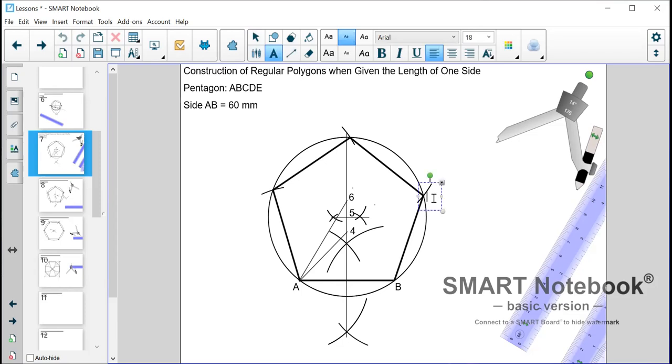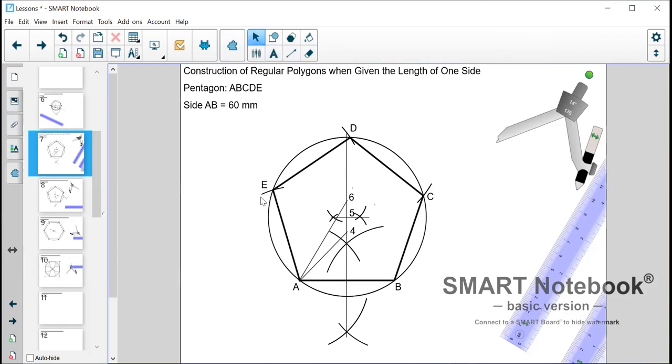So A, B, C, D, and the last one, E. So there we have our pentagon, all right?